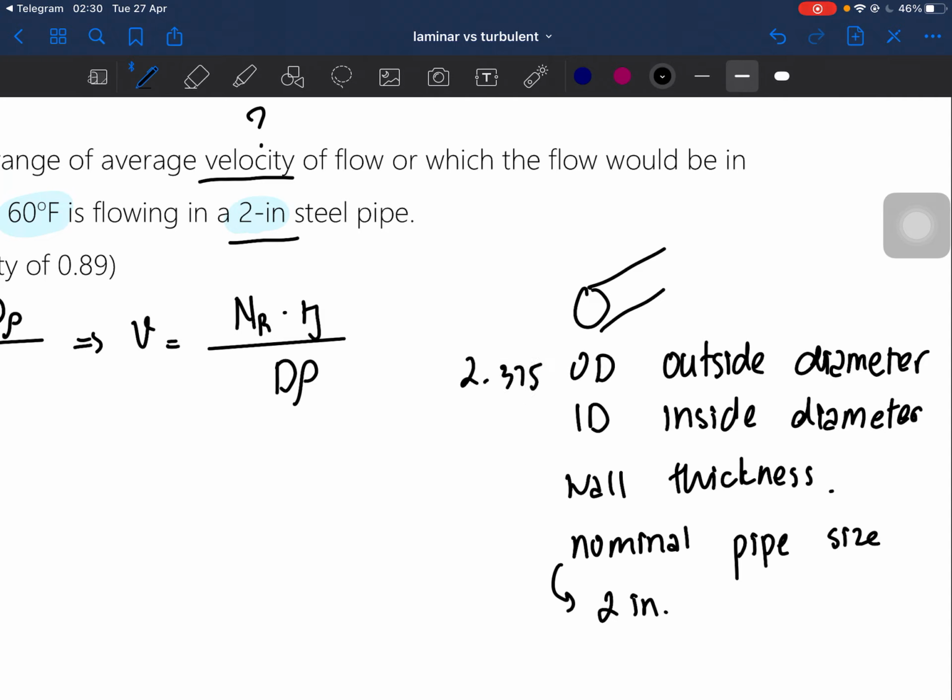We have the inside diameter as 2.067, and 2.067 we convert it to feet, we get 0.172225.